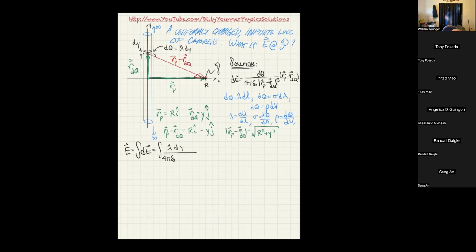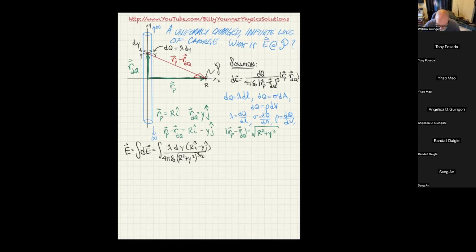And then I'm going to take the r squared plus y squared, and I've got to cube that. Well, I've got to take the square root because that's what the length is, and then I've got to cube it. So it's actually going to be raised to the 3/2 power, like that. And now I can just slip the rp minus rdq right in here and say it's r i hat minus y j hat, and that's it.